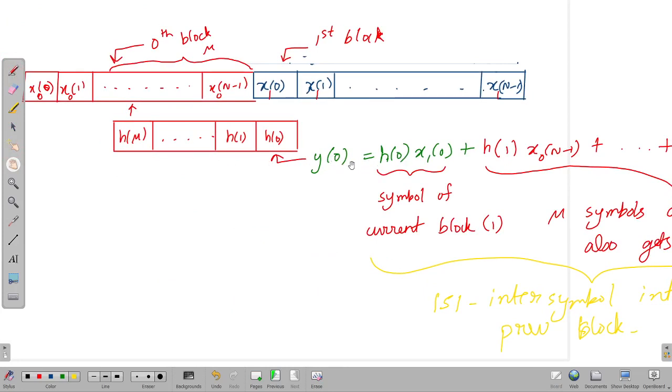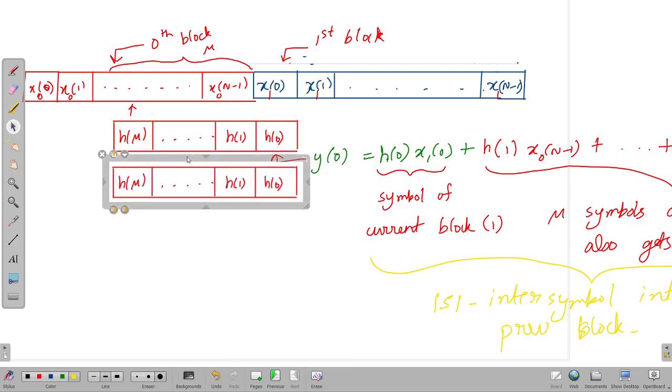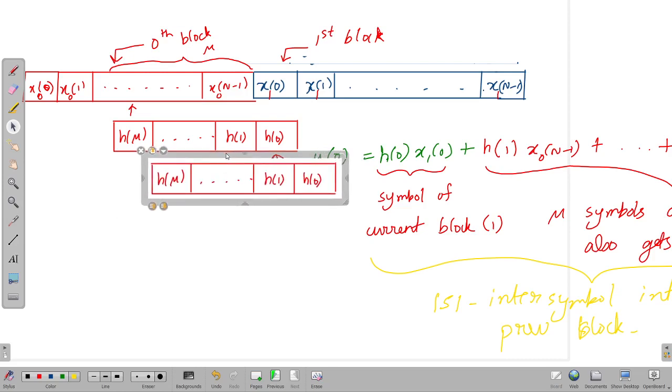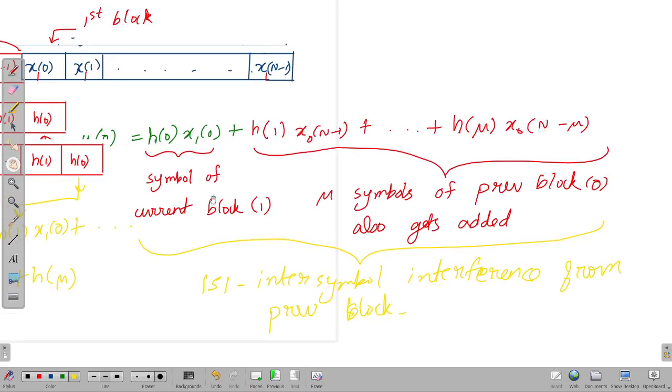And what happens at y of 1? During y of 1, this impulse response, the operation of convolution, moves here, and in a similar way you will have y of 1, which is h of 0 into x1 of 1 plus h of 1 into x1 of 0 plus etc., going up to h of mu into x of n minus mu.